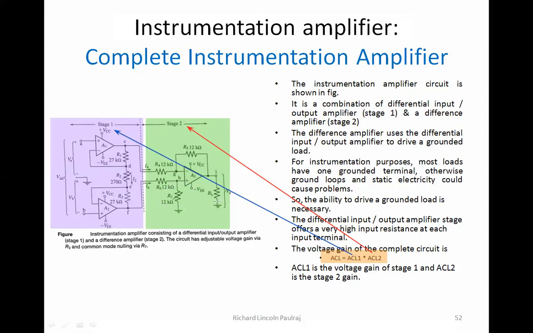So we learned about the differential input output section separately, and then we also learned about the difference amplifier. We are combining them together and we get a total amplifier, and that is called your complete instrumentation amplifier.